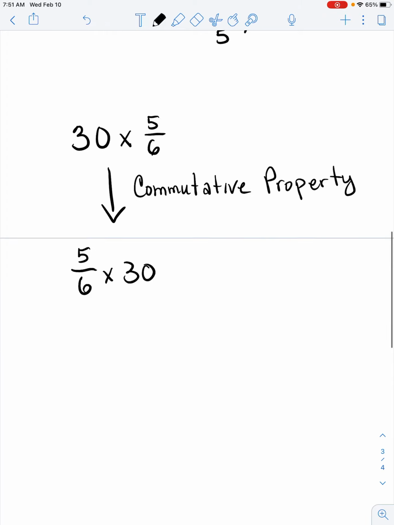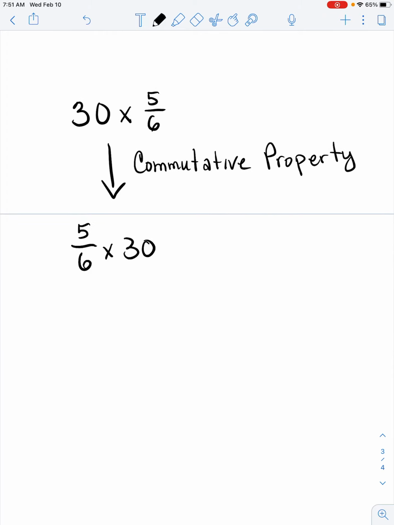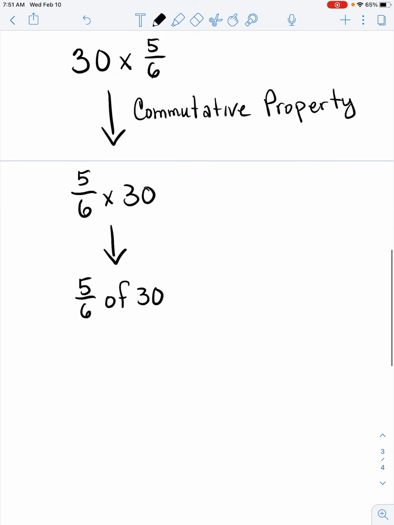Now, remember from the beginning that when I take a fraction of a number, it's the same as multiplying. Well, I'm going to use that thinking in reverse, and I'm going to replace the multiplication with the word "of." So now I'm looking at 5/6 of 30. And when I think about it like that, I can think, oh, model. Let's model.